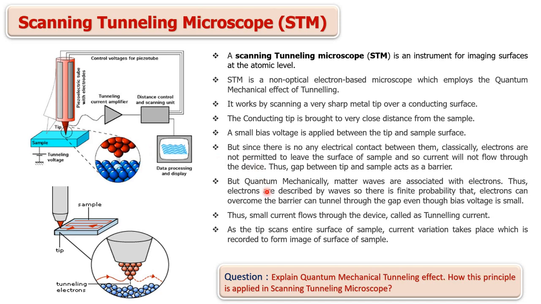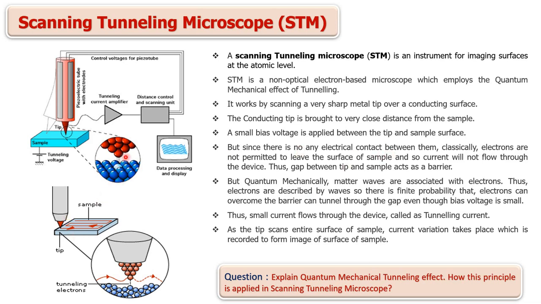But according to quantum mechanics, as we know, tunneling can occur. You can see here, these are the electrons on the surface of the sample, and these are the electrons present in the tip of the probe, and this is the gap between the two. According to quantum mechanics, matter waves are associated with these electrons.